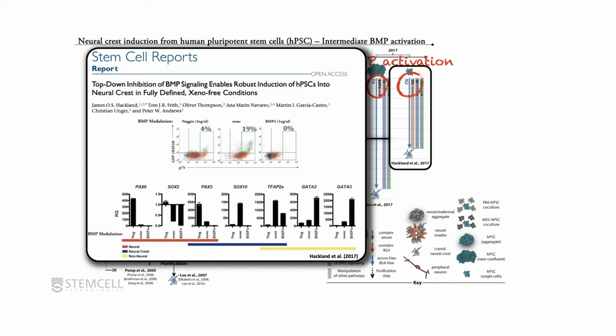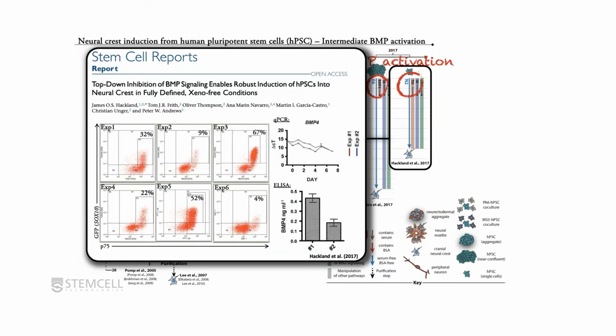SOX10 induction, either seen as GFP expression in this case, or SOX10 transcripts, occurs almost exclusively in cells in the P75 high population. Inhibition of BMP signaling results in a majority P75 low population, and activation of BMP signaling results in a P75 negative to low population.